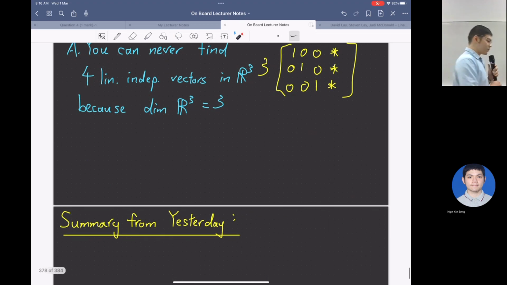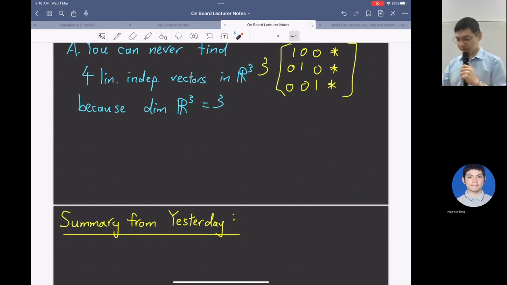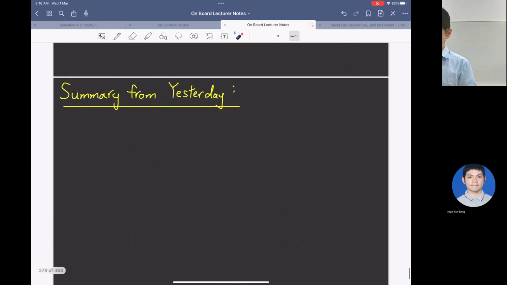Yesterday was the proof of the theorem. So let me state the theorem.